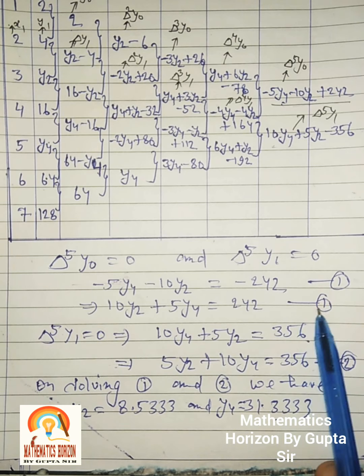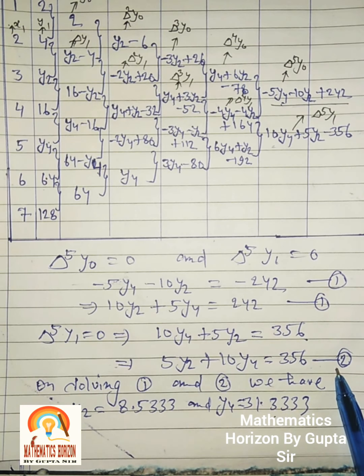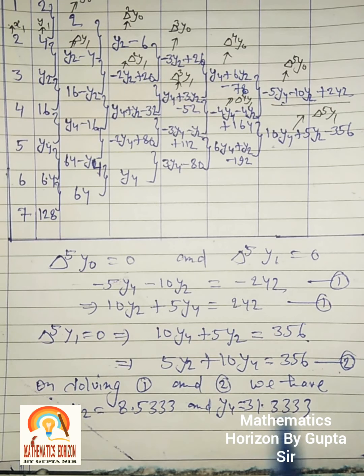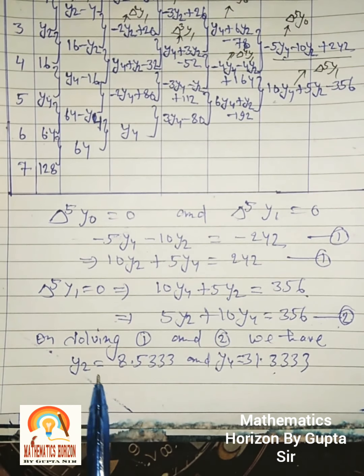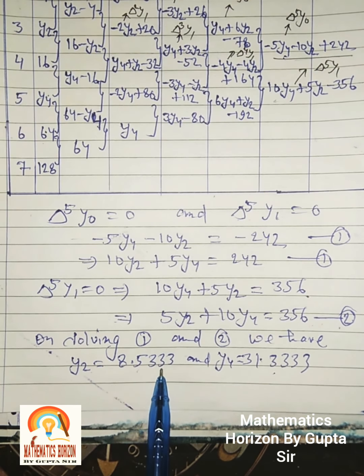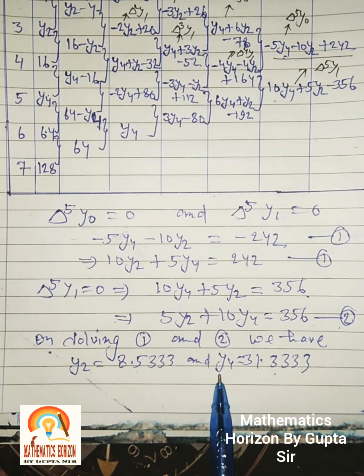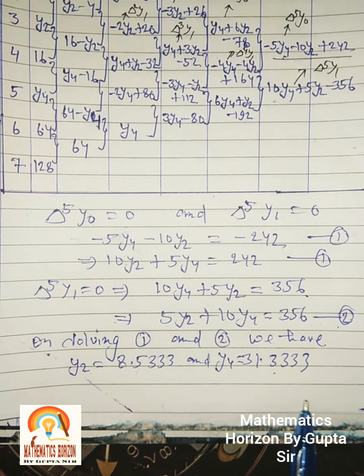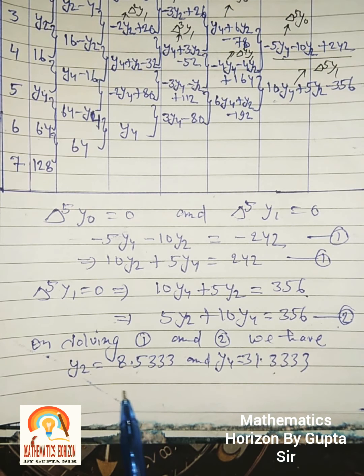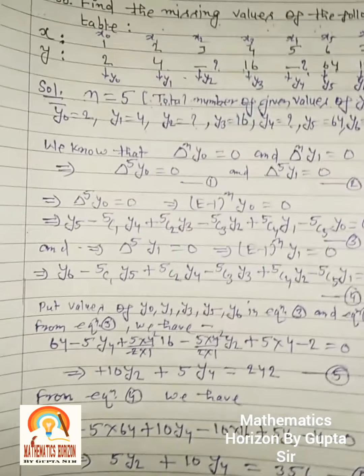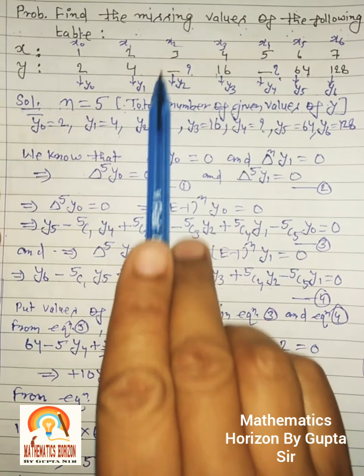This is our equation number 2. On solving these two equations, we get the solution y2 equal to 8.5333 and y4 equal to 31.333.